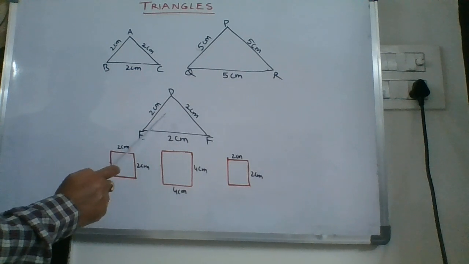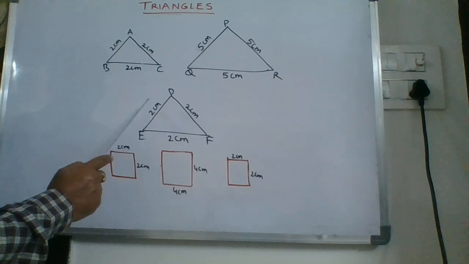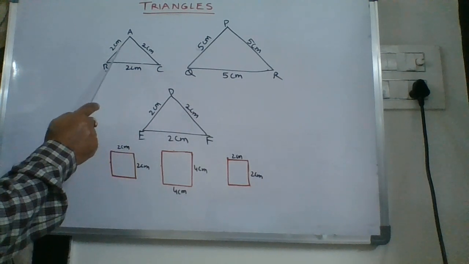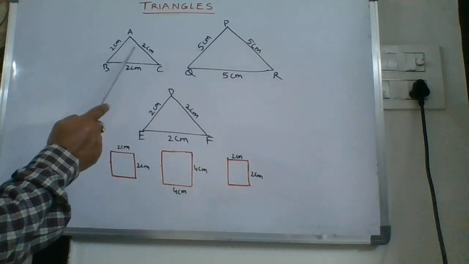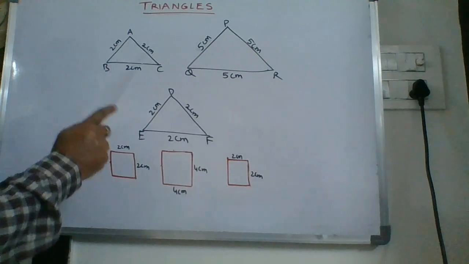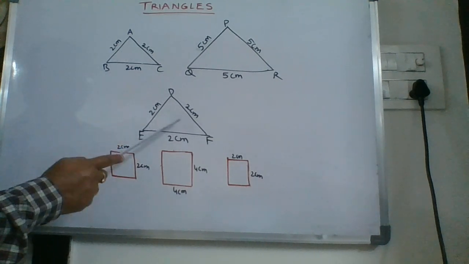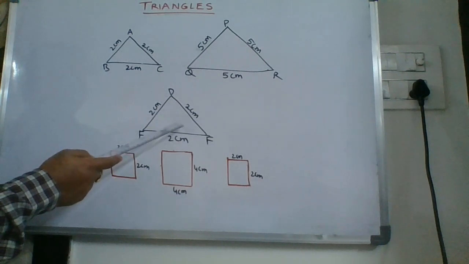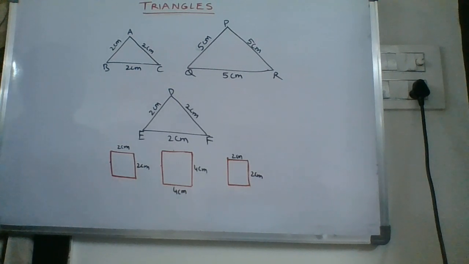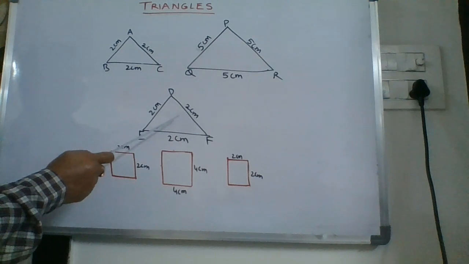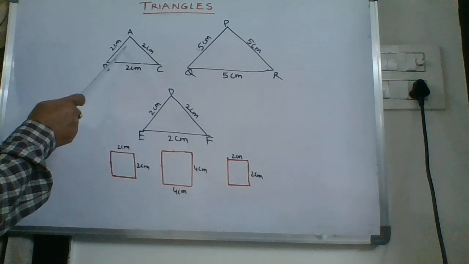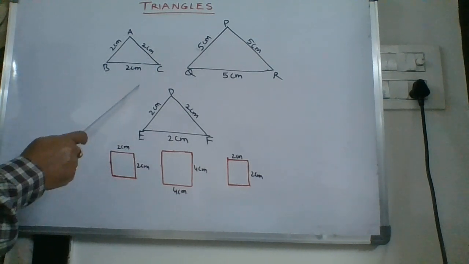And if you observe this triangle, it has the same dimensions as this triangle ABC has. Therefore, we say that triangle ABC is the image of triangle DEF, or DEF is the image of triangle ABC. Both coincide with each other. If we put this triangle DEF on triangle ABC, they coincide, right?